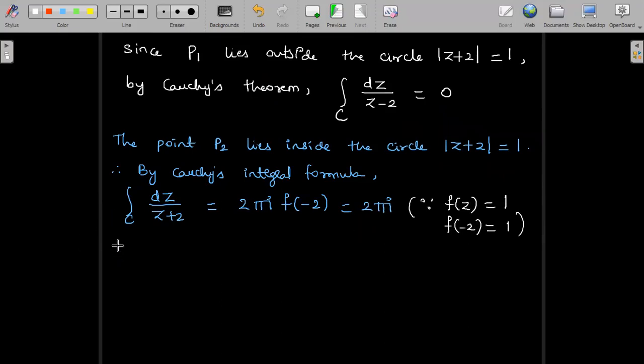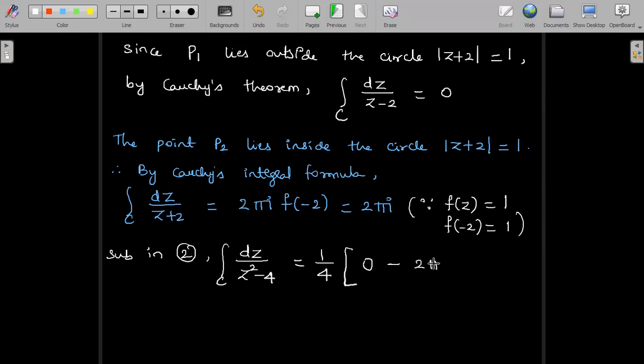Now we are substituting both of these into equation 2. We have both integral answers: this is the first integral and this is the second integral. We will substitute both into equation 2 to get the final answer for the integral over C of dz divided by z squared minus 4, which is equal to 1 by 4, the constant outside in equation 2, times the first integral answer 0 minus 2 pi i.